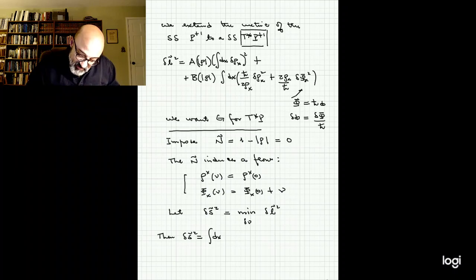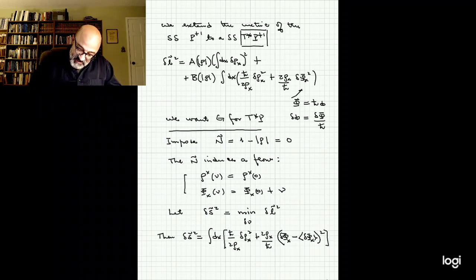Then we have h over 2 rho x d rho x squared plus 2 rho x over h, and here we have exactly the same thing we had before, phi x minus the expected value of phi x, all squared.